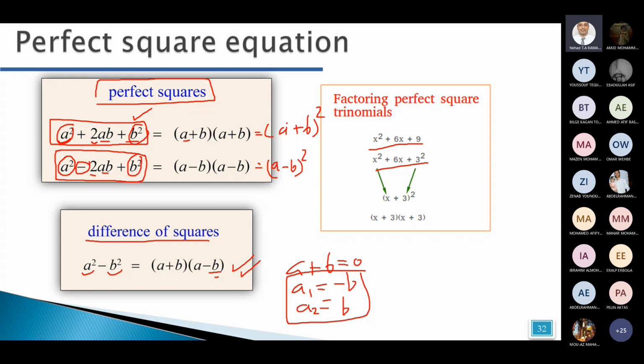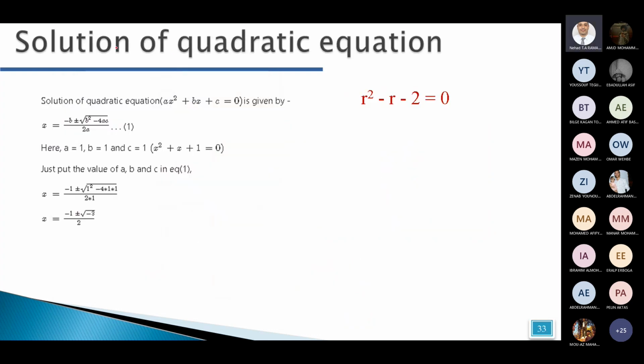So this is the perfect square. This is the general rule for a quadratic equation.